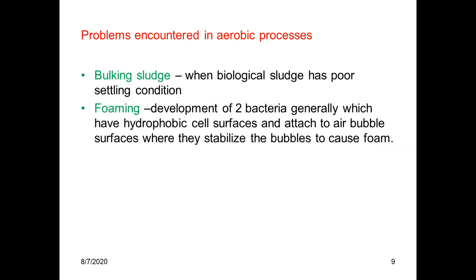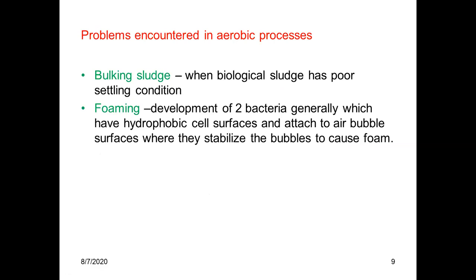There are some problems encountered in aerobic processes, such as bulking sludge, when biological sludge has poor settling condition. Primary sludge is easy to settle, but biological bulking sludge is not easy to settle.